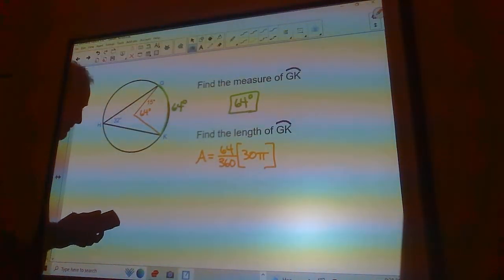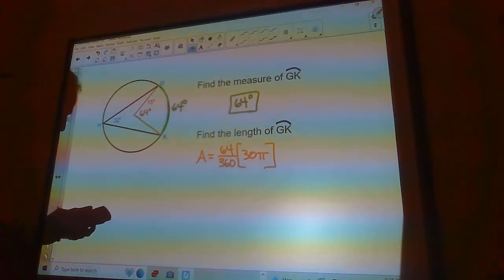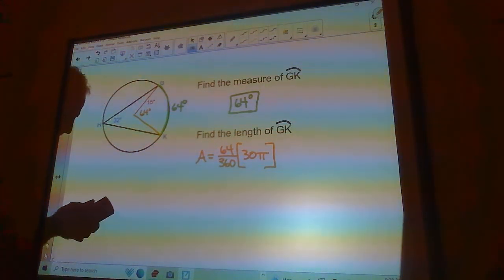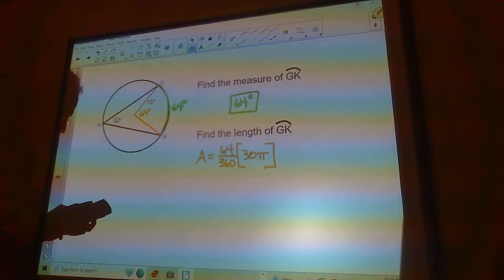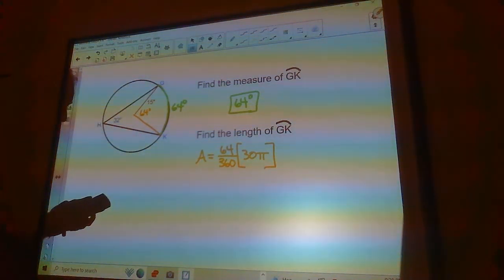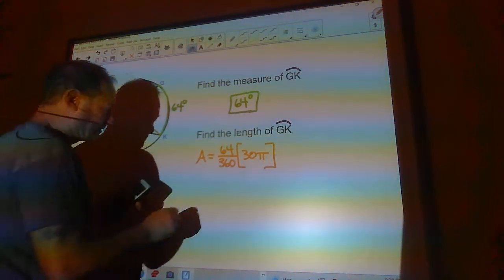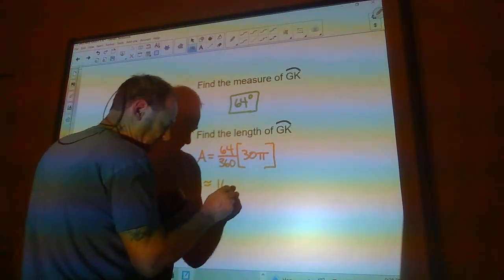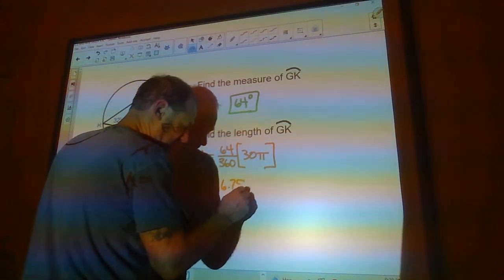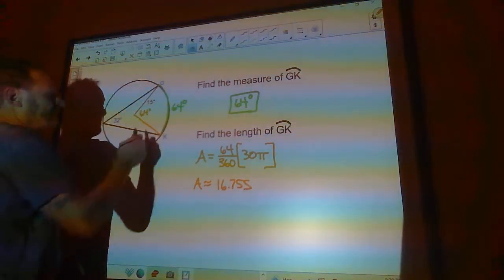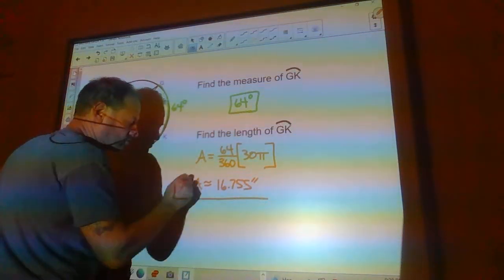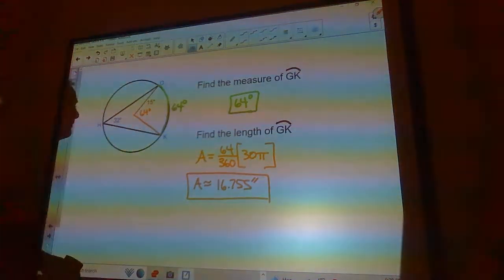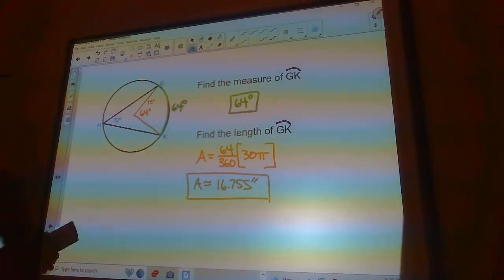Okay, 64 divided by 360 times 30. Here, I think I typed that in wrong. 64 divided by 360 times 30 pi. And that comes out to about 16.755. And check your units. It's in inches, so that's going to be in inches. Okay, easy peasy.